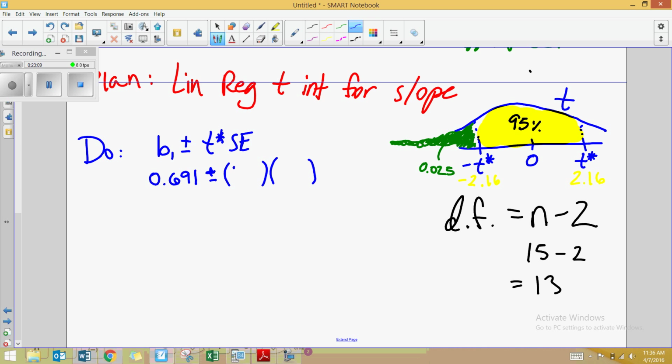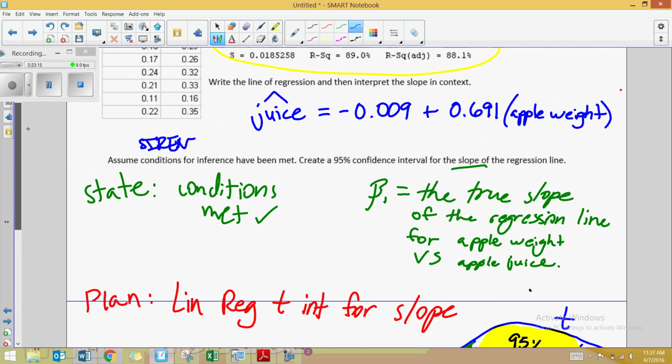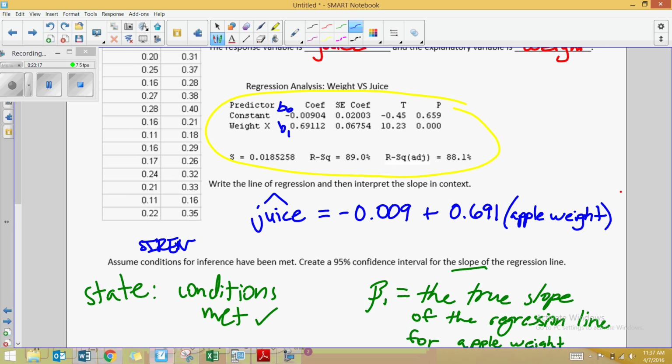So that's my critical score, 2.16. And my standard error, we're going to go ahead and pick that up from the computer output. That's going to be, well, which one of these is it? Again, we don't really concern ourselves with the y-intercept statistics. So it must be this one. This is our standard error of the slope. So 0.067, or let's just call that 0.068, we'll round up.